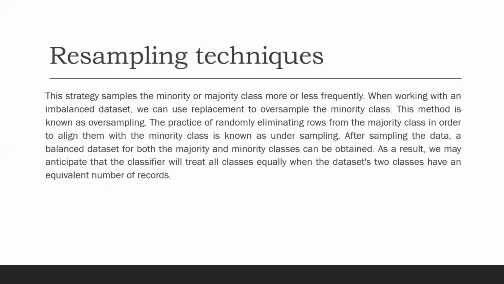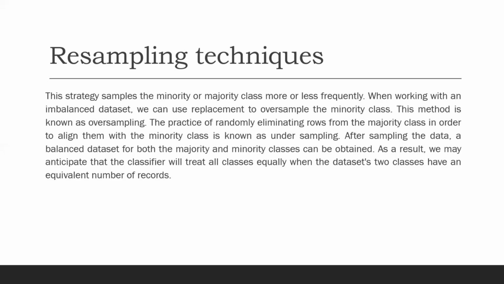This strategy samples the minority or majority class more or less frequently. When working with an imbalanced dataset, we can use replacement to oversample the minority class. This method is known as oversampling. The practice of randomly eliminating rows from the majority class in order to align them with the minority class is known as undersampling.